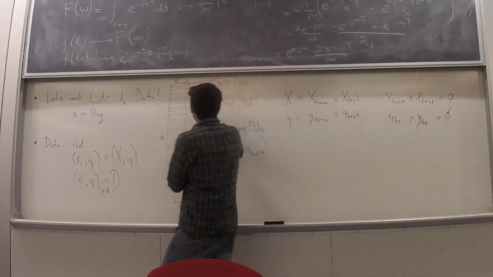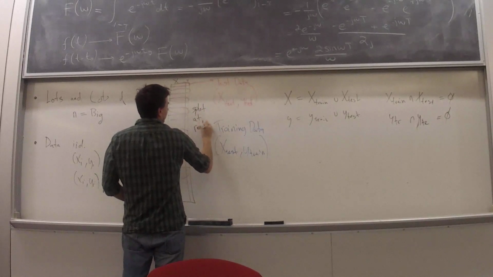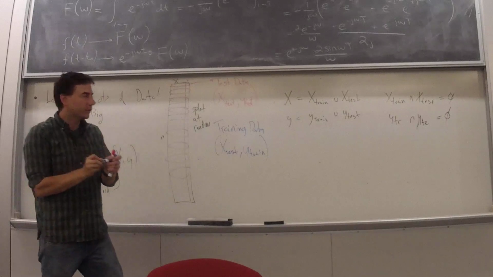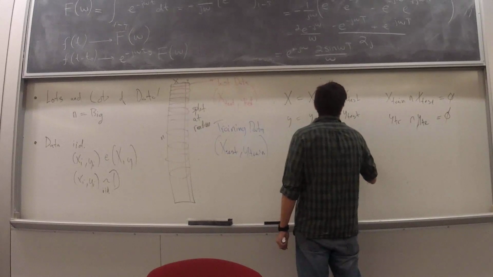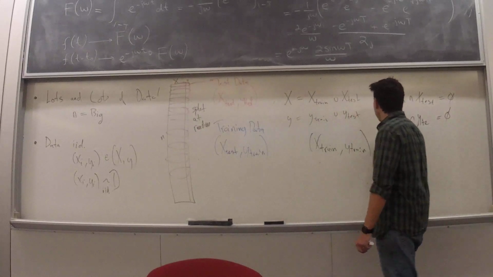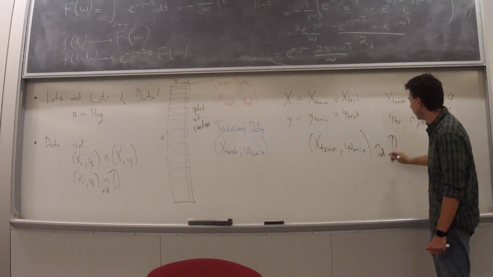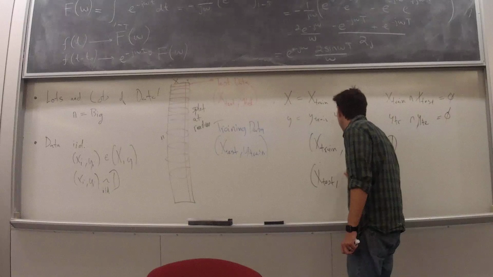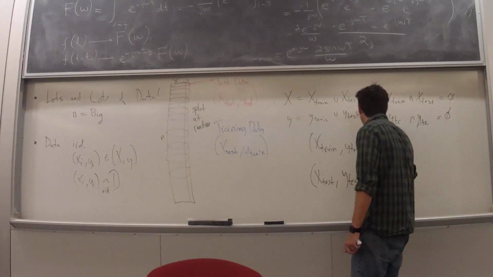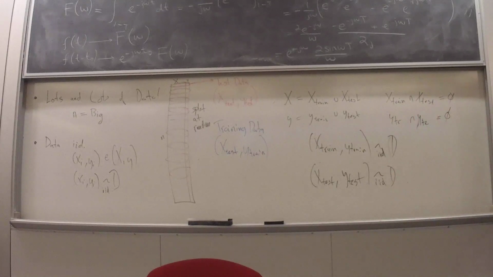Splitting at random means that X train, Y train is also going to be IID from this distribution, and X test, Y test is also going to be IID from this distribution. Because we have so much data, we can split it into two parts.